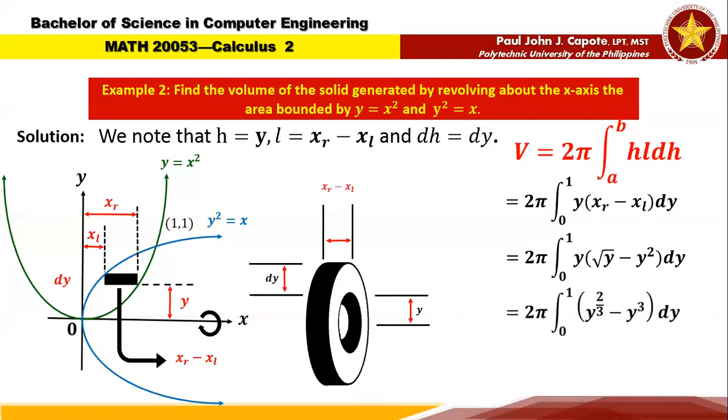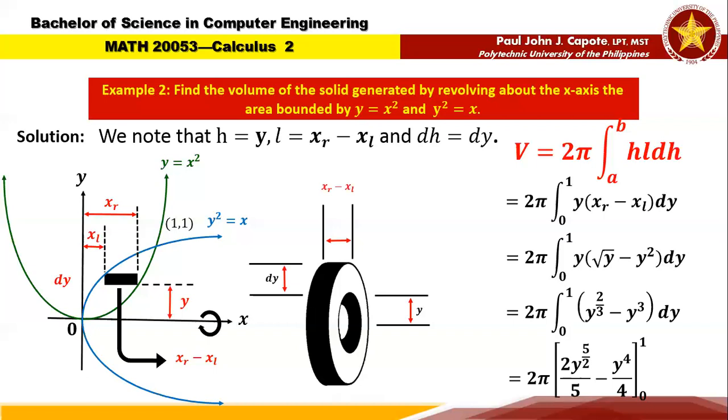Simplifying this, we get 2 pi times the definite integral of y raised to the power of 3/2 minus y cubed dy from 0 to 1. Integrating the integrand with respect to y, we get 2 pi times the quantity 2y raised to the power of 5/2 over 5 minus y raised to the power of 4 over 4, and then evaluate this from 0 to 1.